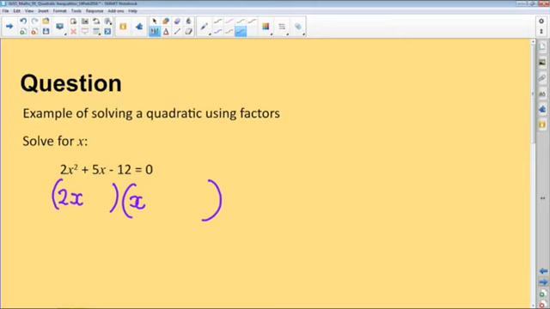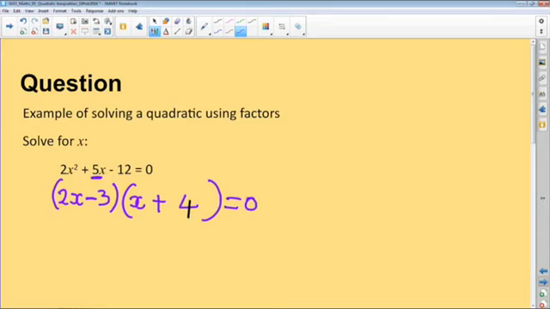Now you check with the factors of 12, that when you multiply by that 2, you add or subtract to give you a 5 in the middle. If we try 4 and then 3, with a plus and then a minus, equals 0.